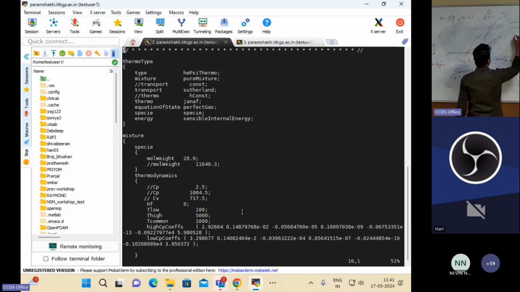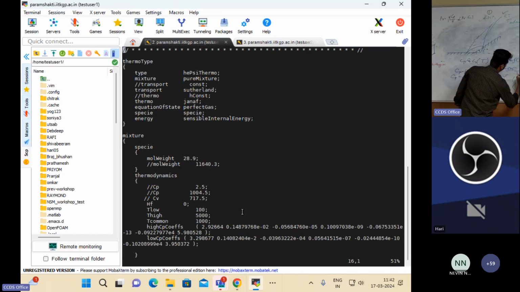And inside that there is also a division. For some ranges, let's say this is applicable for some temperature range T1 to T2. This is what we call T common. And the same T2, there would be equality over here, T2, T3.